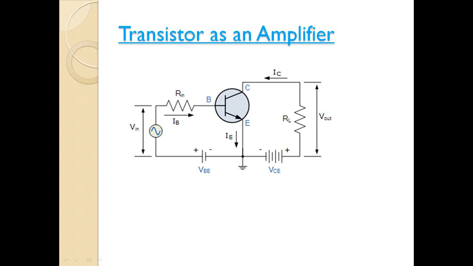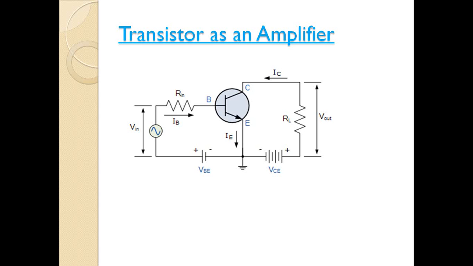When you implement it, you get alpha dash RL by RE dash. This dynamic resistance RE dash can also be written as Vt by IE. Now if you substitute alpha dash as 1, RE dash as 40, and RL as 2 kilo ohms, then we get A equals 50.